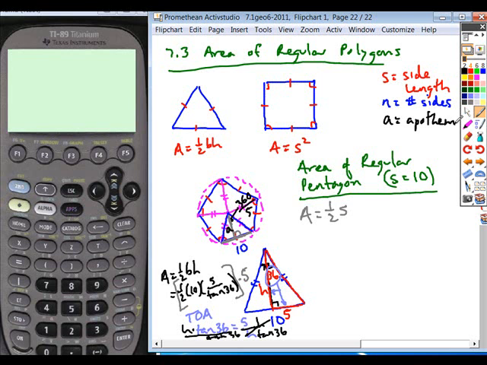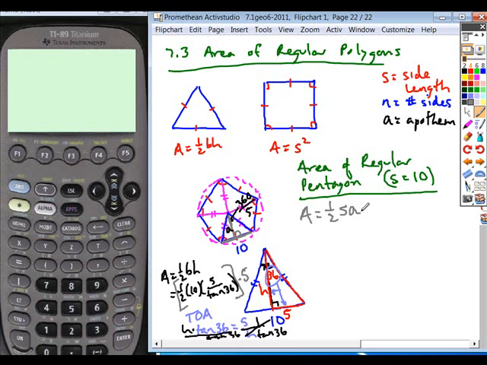An apothem is just the perpendicular distance from the center of a regular polygon to its side. Because it's represented by the letter a, just think of it as the altitude of that reference triangle. So we have 1/2 sa, that's the area of one reference triangle.